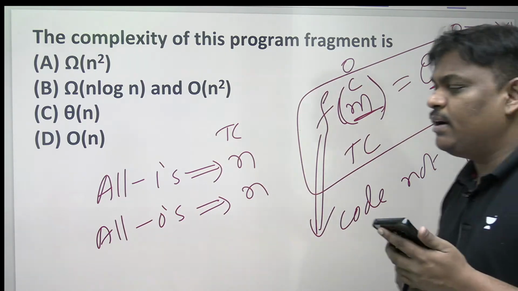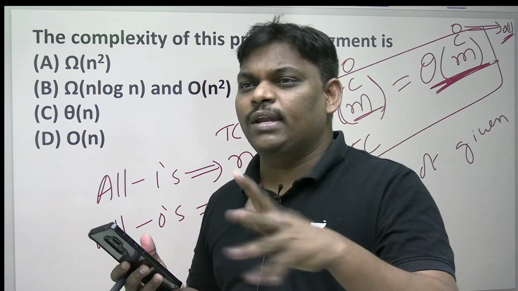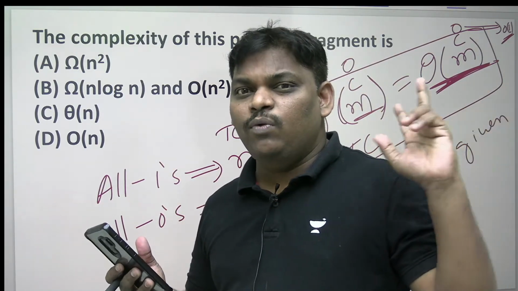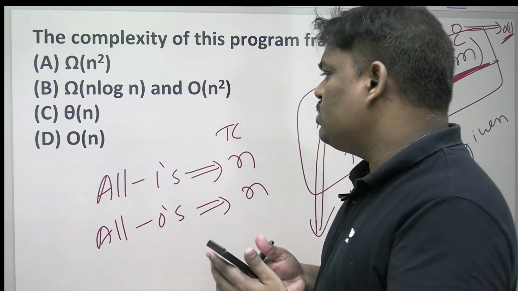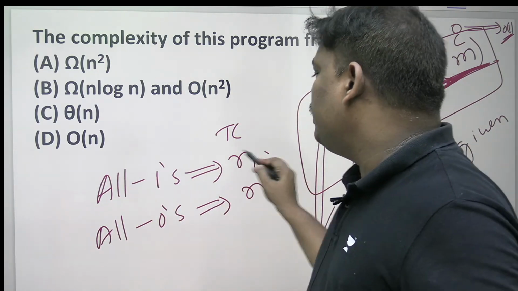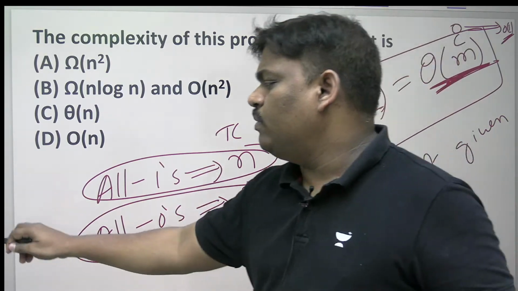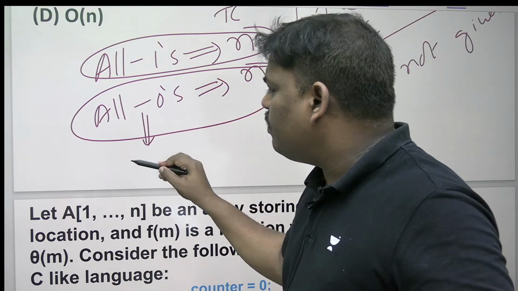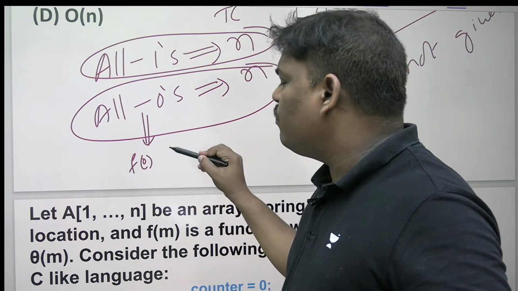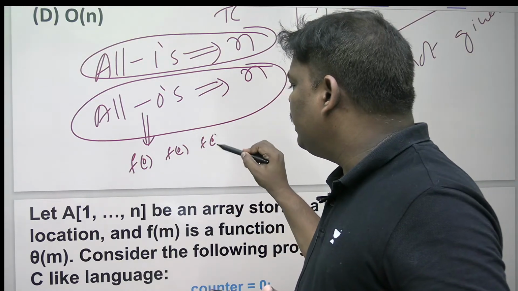Some people are thinking that this program will give n square. No, n square, nothing. See, all ones also n time, all zeros also n time. Please be careful. In the case of all zeros, F of counter is called n times.